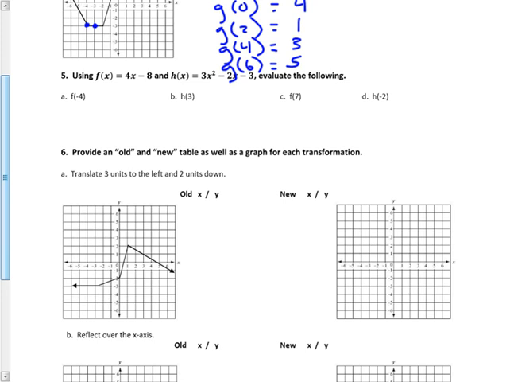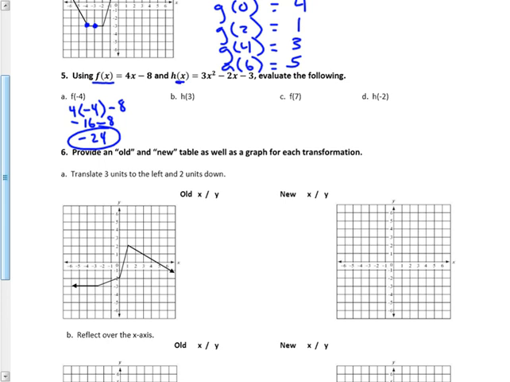Okay, here's the same thing except that I'm plugging these numbers into an equation. Let me just simplify that one or make it a little more clear. F of -4, I'm using the f function and I'm plugging in -4. So that's -4 goes in there. 4 times -4 is -16. -16 minus 8 is -24.